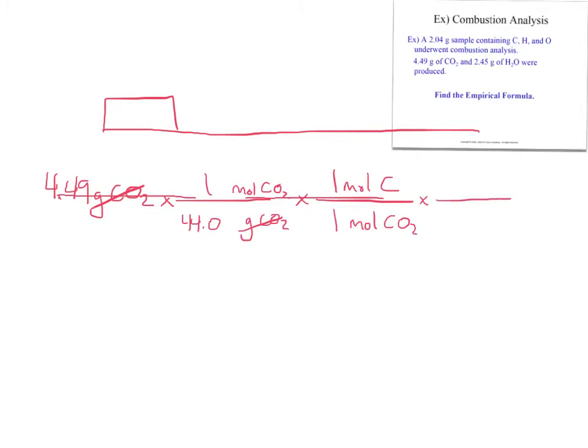And to figure out how many grams of carbon there were in our initial sample, those will cancel each other out. 1 mole of carbon, because whatever's on top has to go on the bottom, is 12.0 grams of carbon. So plug that into our calculator, 4.49 times 12.0 divided by 44, and that tells us our initial sample had 1.22 grams of carbon in it.